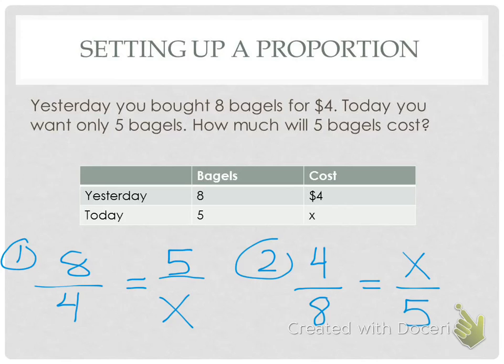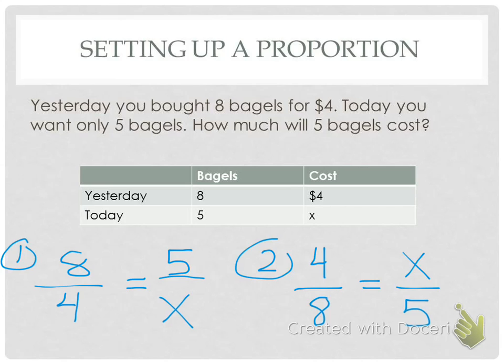What characteristics do these two proportions share? They are comparing bagels to bagels in our numerators and cost to cost in the denominators. And on the same token, on the second example, again, we're comparing cost to cost and bagels to bagels. As long as you're comparing the same unit on both sides of the proportion, you do, in fact, create a proportion. Okay? So that's how you set up a proportion.